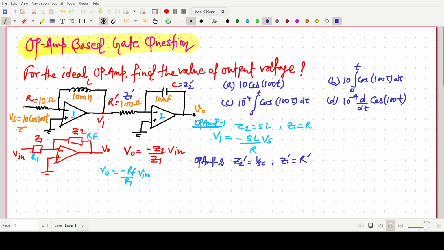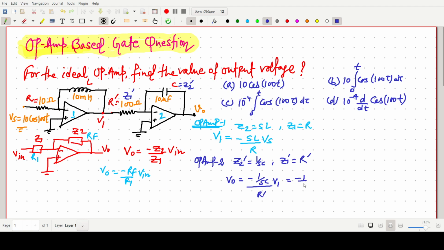So we can write V naught equals to minus Z2 dash by Z1 dash, so it should be 1 by SC divided by R dash into V1. For this, the input voltage should be now V1. So now we have the output voltage.